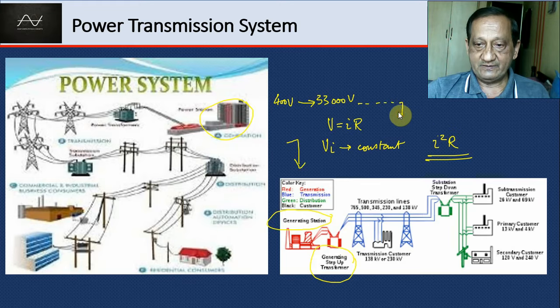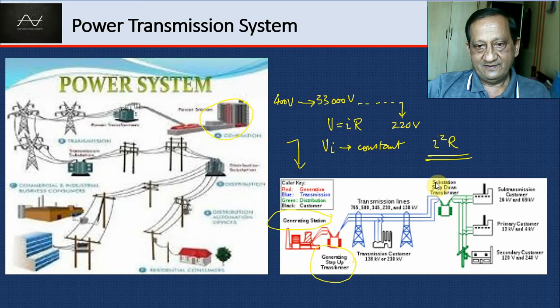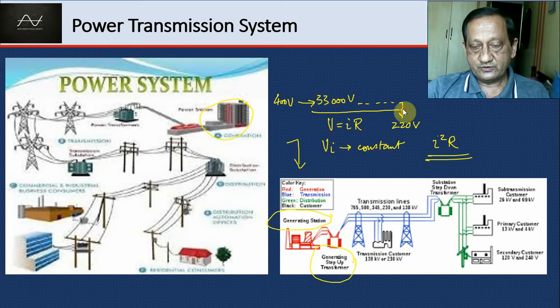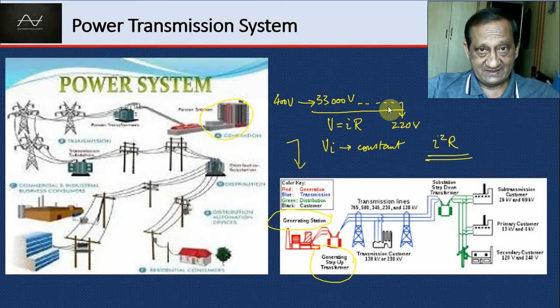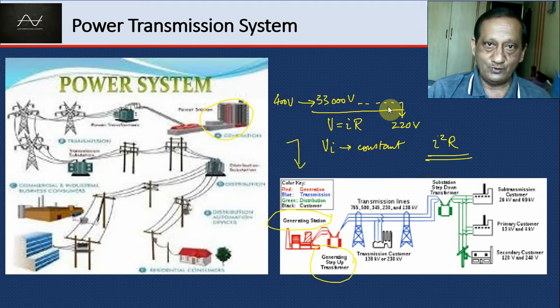And then while coming back to the consumer, this must be dropped back to 220 volts, because in our homes we are supposed to get 220 volts. So throughout the long transmission line, the voltage must be high so that the current is low, so that the joule heating is low. That is the job of a transformer.